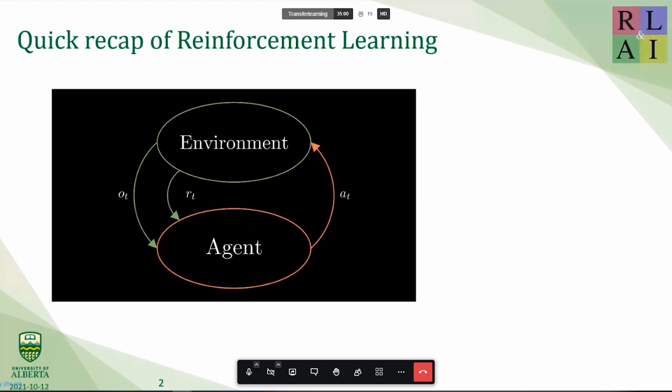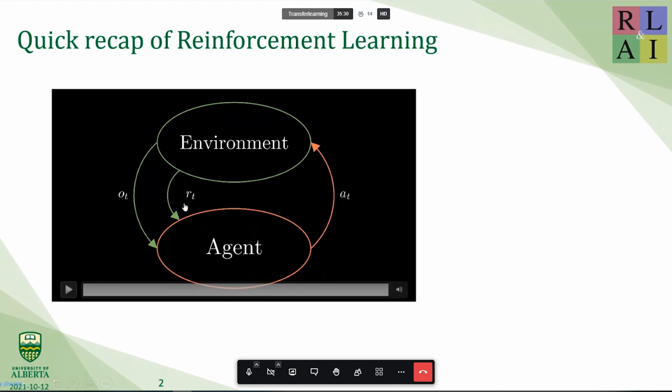Then this environment will react to the agent's actions and give the agent the opportunity to observe things about the environment itself. For example, with your eyes, you are able to observe your surroundings with visual information. That's the kind of thing we try to study: how we can have those interactions between an agent and an environment.